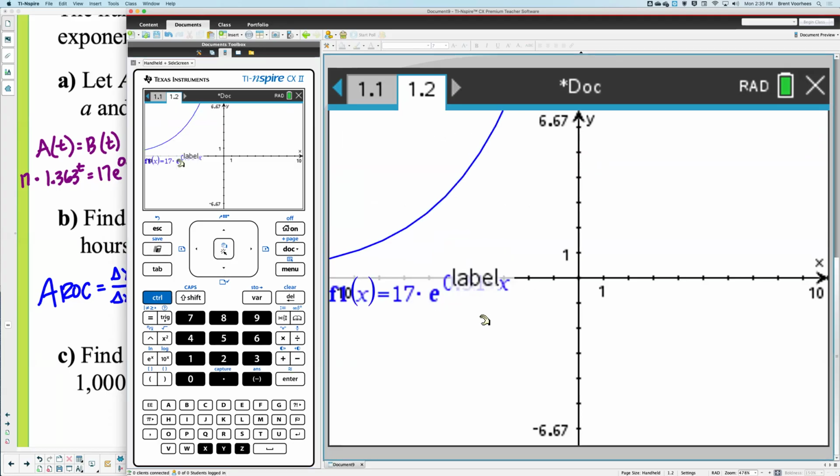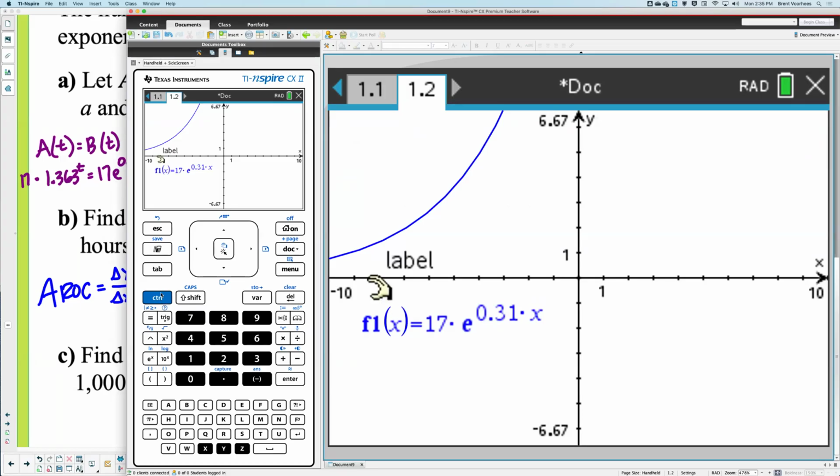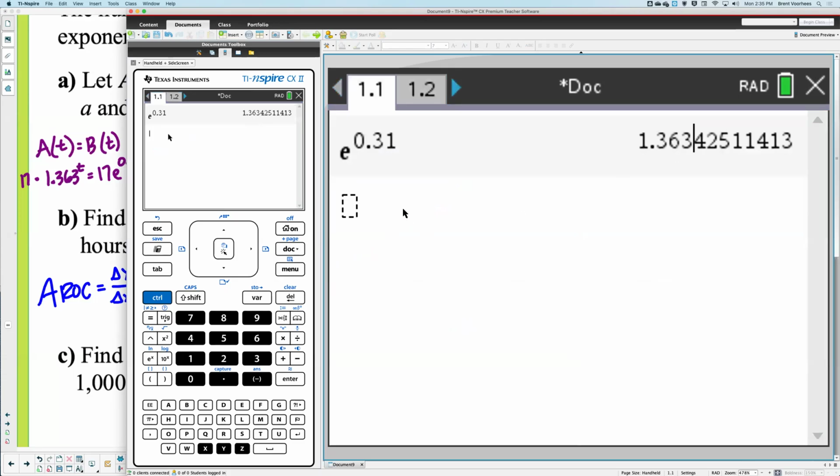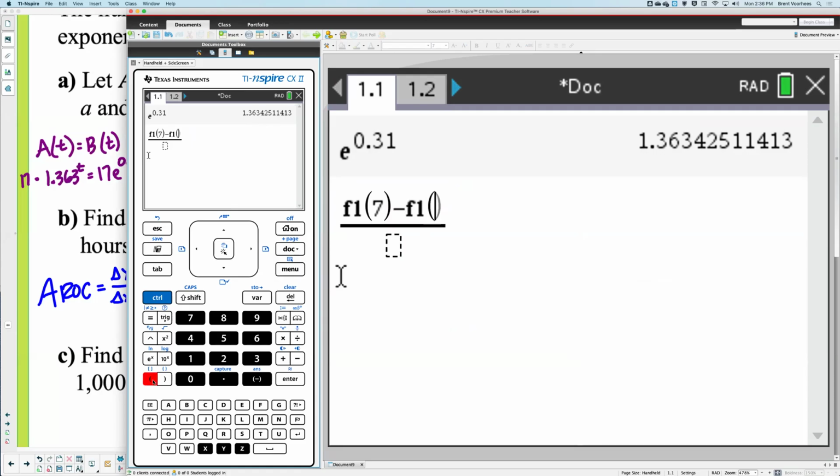I'll hit enter. Is that a growth or decay? Growth. Now I'm going to go back over to this page, and I'm going to find my A rock by just using the calculator. I just typed that in as F1. So I'll do F1 of 7 minus F1 of 1 over 7 minus 1.